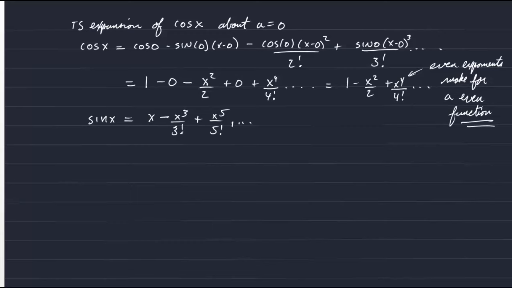And you can see that these are odd powers, and they yield an odd function. When x is positive, x raised to the odd power is positive. When x is negative, x raised to the odd power is negative.